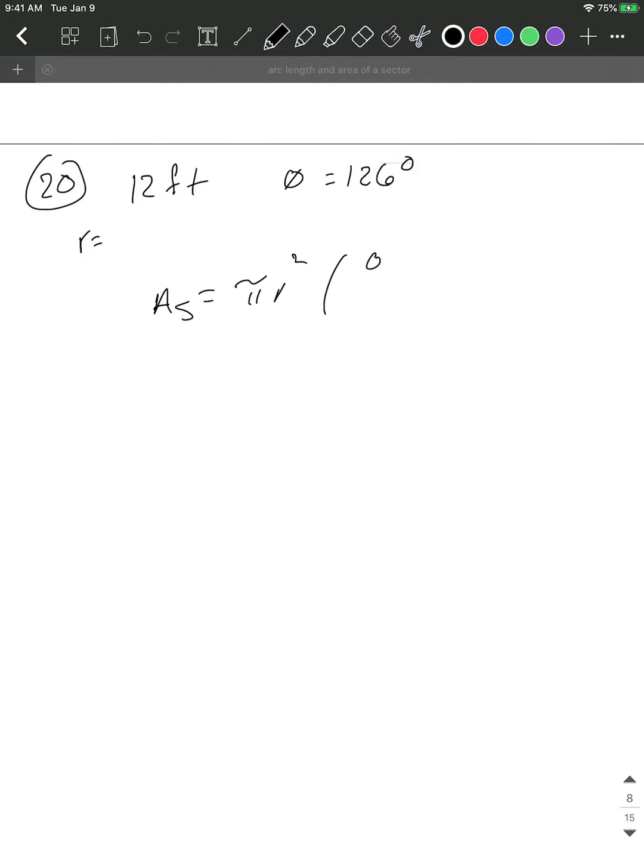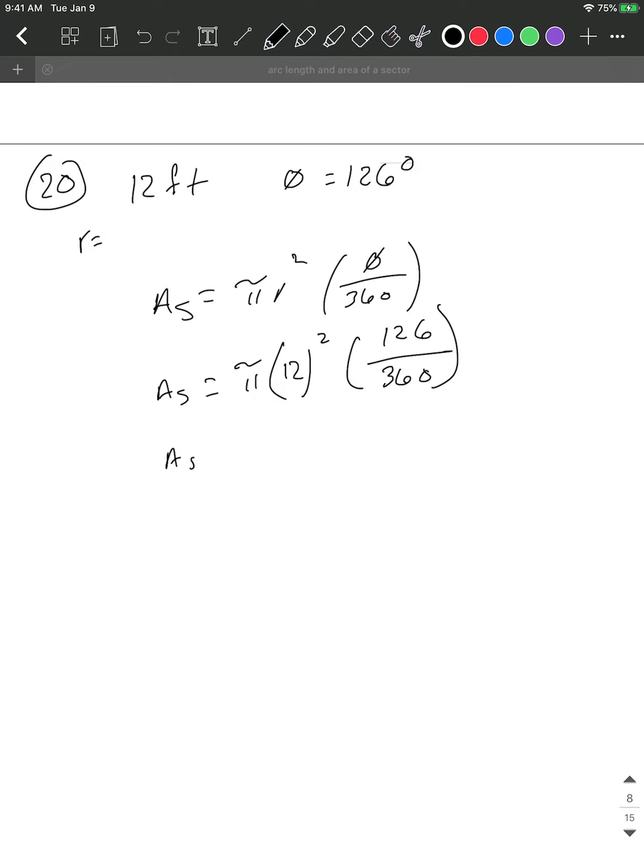When you write it 1,000 times, it'll become second nature. But yeah, they can give you it in various forms of questioning. These just turn out to be kind of straightforward. But in other problems that I'll do, you'll see that I have to either work backwards or solve for the other piece of the sector, depending on what I'm given. So it just depends on what we're working with.